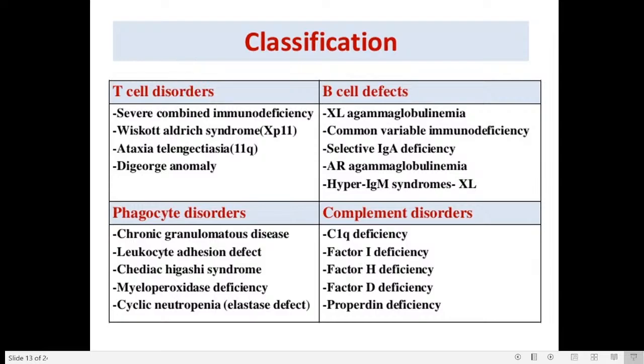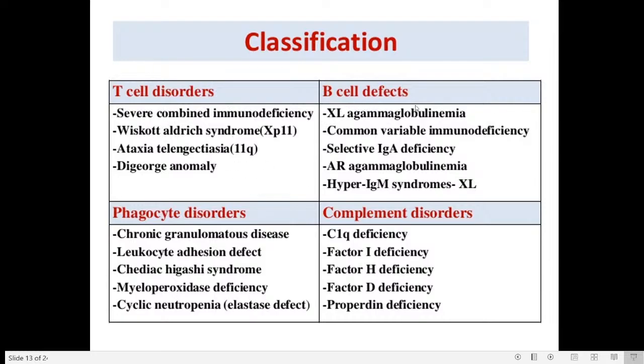once the immune system affects the T cell, the T cell disorder has 4 different types. That is severe combined immunodeficiency, Wiskott-Aldrich syndrome, ataxia telangiectasia, and DiGeorge anomaly. These are all the diseases caused by T cell disorder.